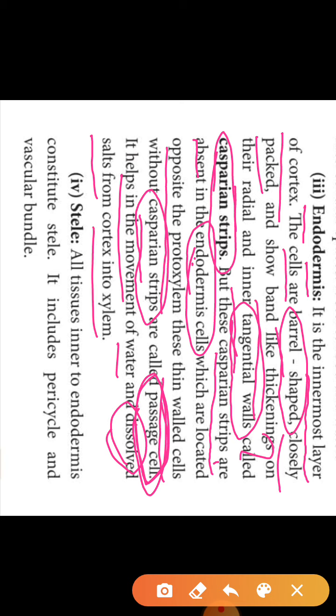Dissolved means dissolving. Okay, dears, the cortex has salts that will dissolve into the xylem.